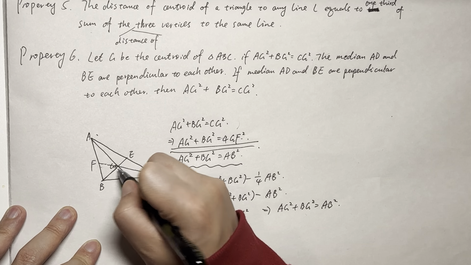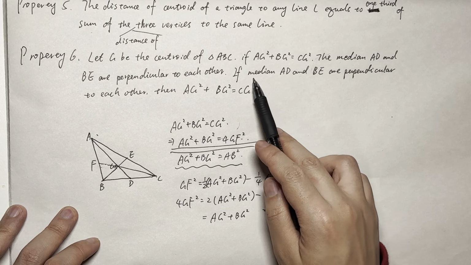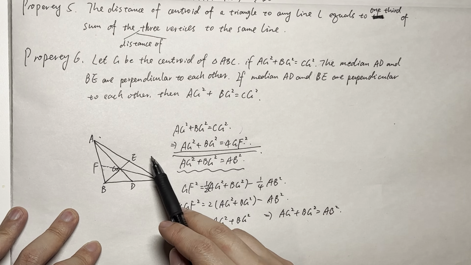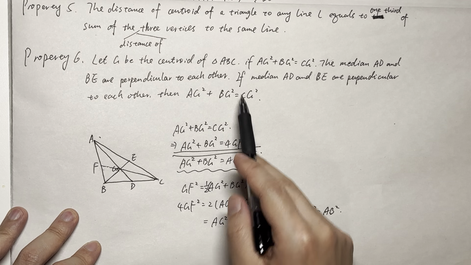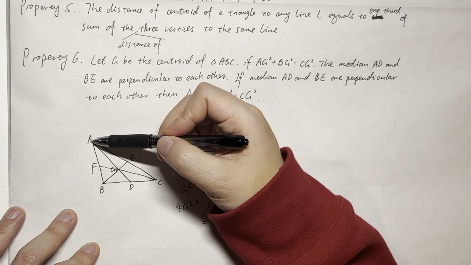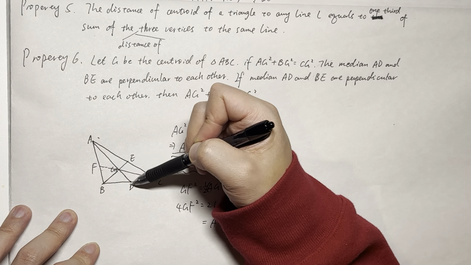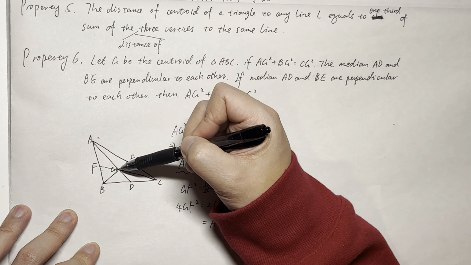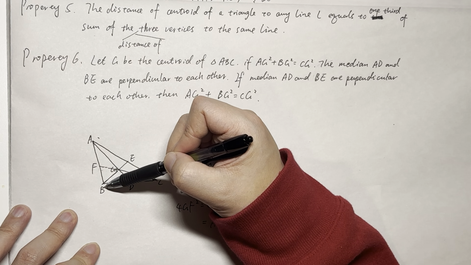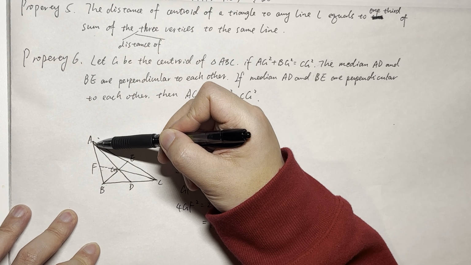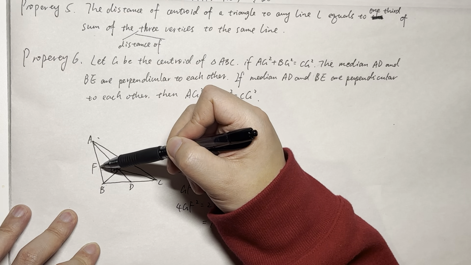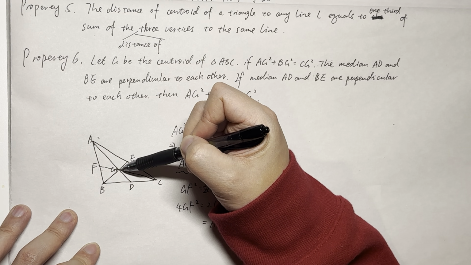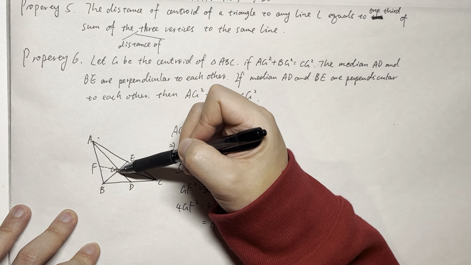This is 90 degrees. And for the converse, if medians AD and BE are perpendicular to each other, we already know that AG squared plus BG squared equals AB squared. And we know that FG is a median in triangle AGB, right?